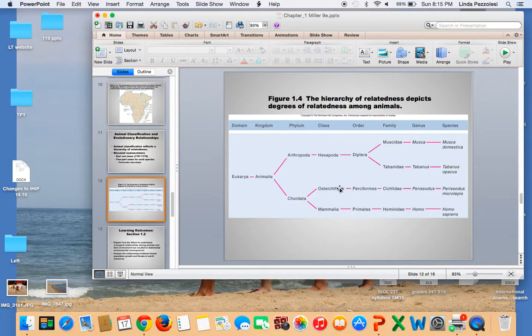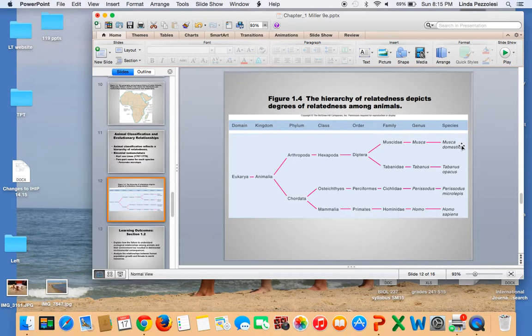Perciformes, within fish. Primates are primates. Muscids are houseflies. We have tabanid flies, which I'm not even going to go there because most people don't know that many flies. So dipterans, flies. Then we have our genus and species.